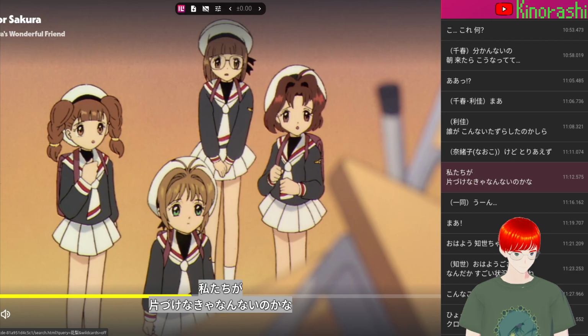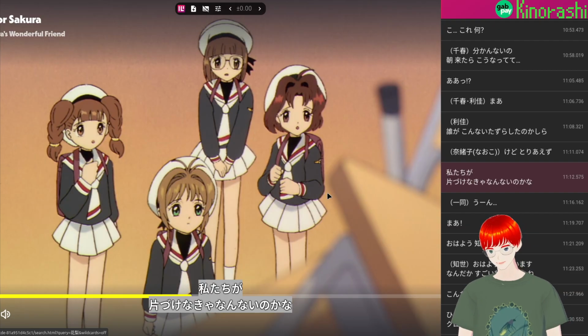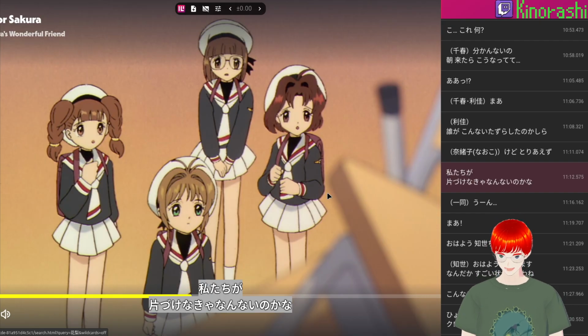The grammar behind nanai. Doni mo nanai is a contraction of doni mo. Oh, it's from naranai. Okay, yeah, that was giving me the wrong thing. So this is from naranai. That makes more sense. Change the ra to n like we saw in that other change, and then keep the nai.